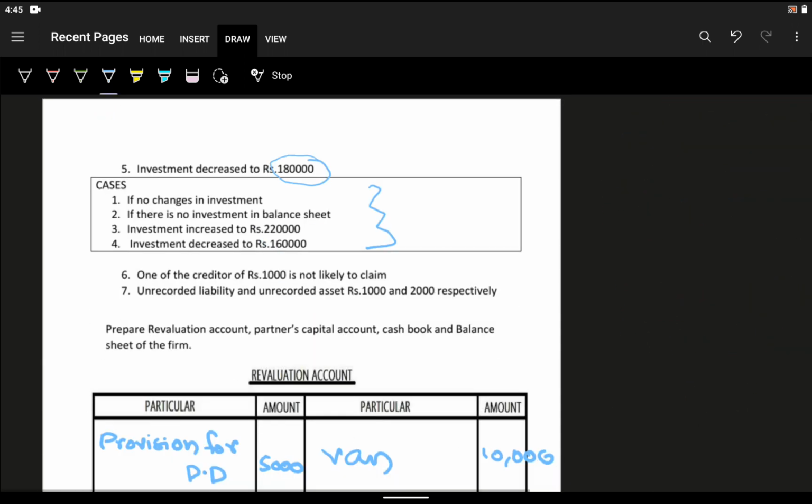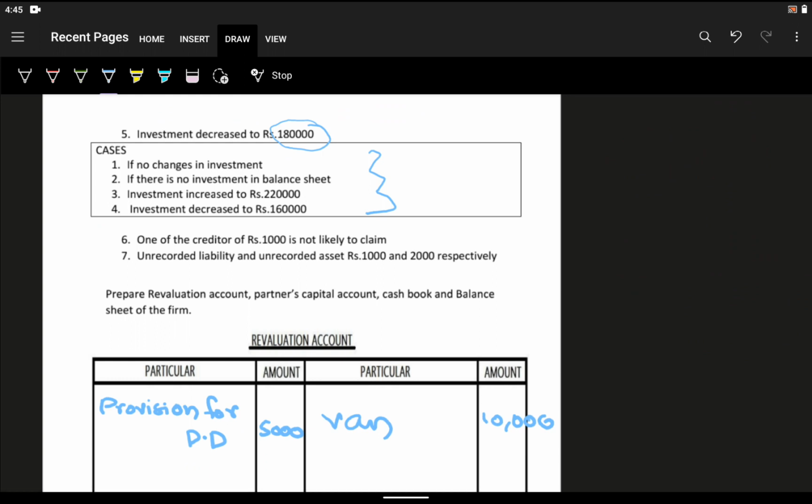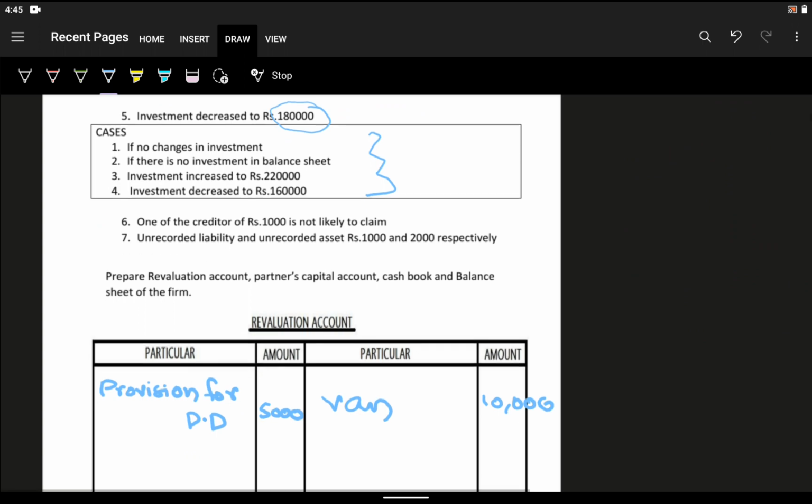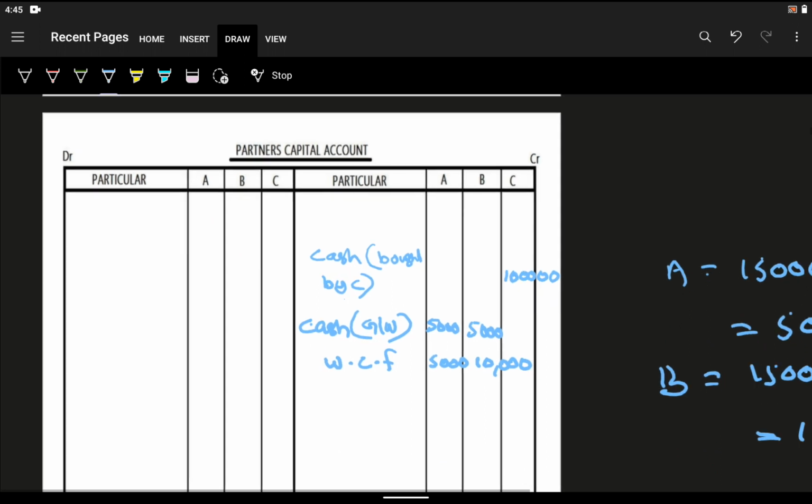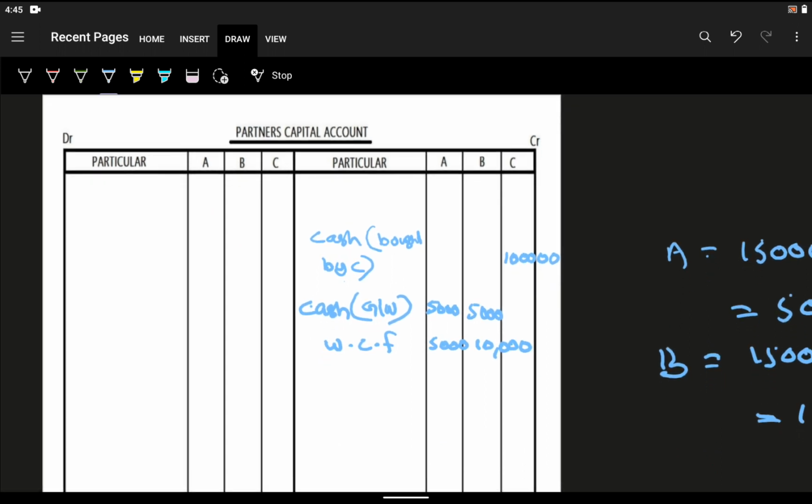So in this question, investment decreased to 1,80,000, so 20,000 is decreased, which we deduct from the investment fluctuation fund, and the remaining amount 10,000 we write directly to the partners' capital accounts, from the investment fluctuation fund: 3,033 for A, 6,067 for B. That means this is in the ratio of 1:2.